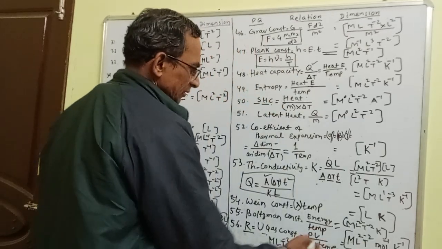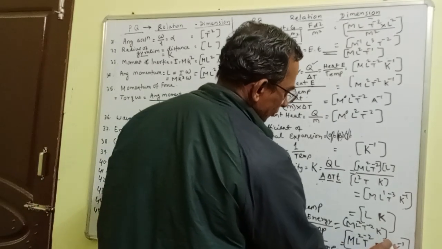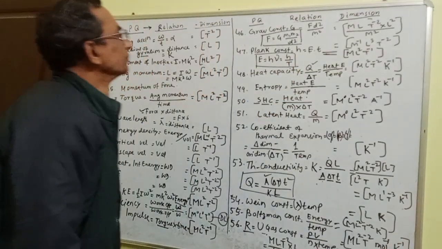Hence it becomes ML2T minus 2 mole to the power minus 1 K to the power minus 1.